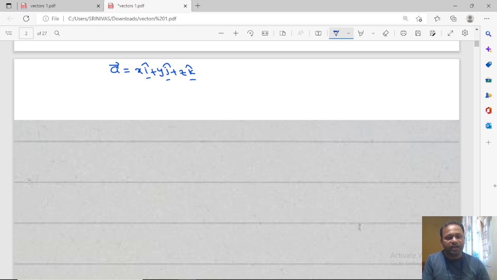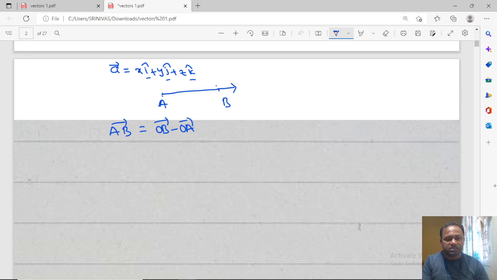And next, the vector joining two points. Suppose this is the first point and this is the second point, then the vector in the direction AB, AB bar, we can write as OB bar minus OA bar.